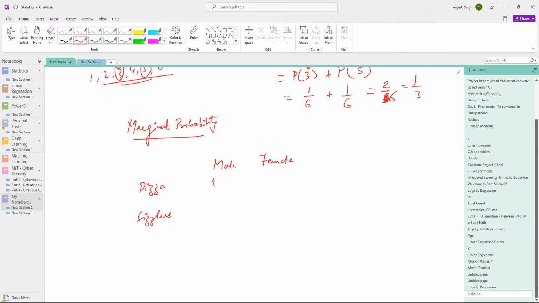So 120 males like pizza while 150 females like pizza. And here I can say like 200 males like Sizzlers, and 110 females like Sizzlers.